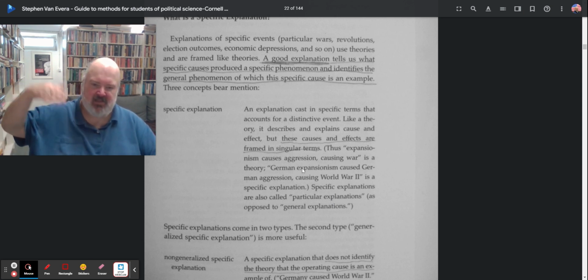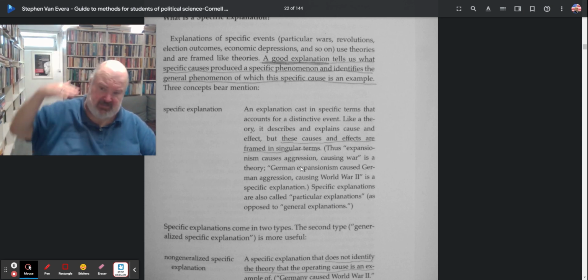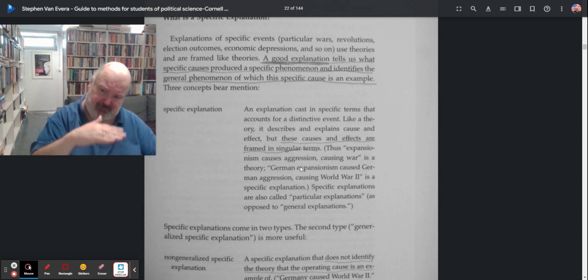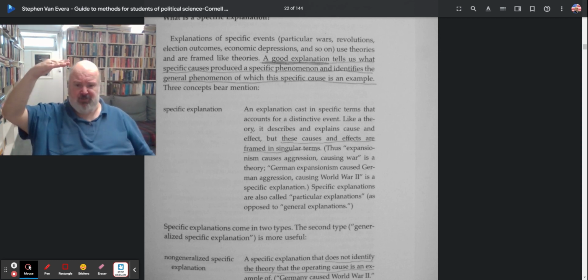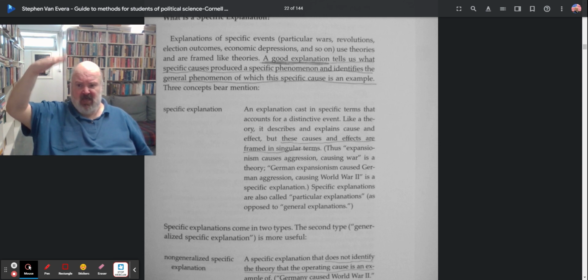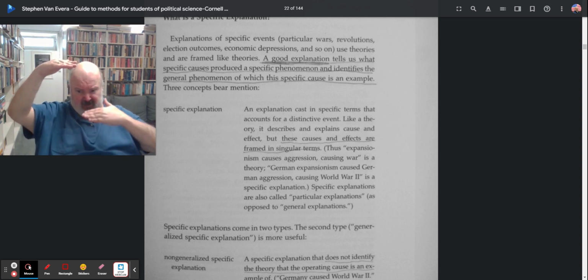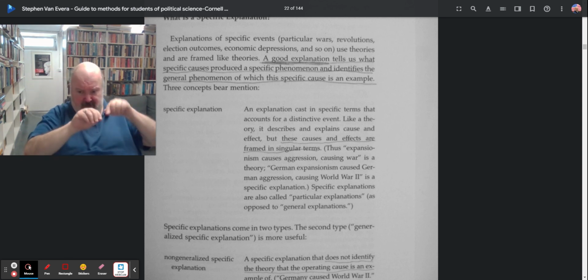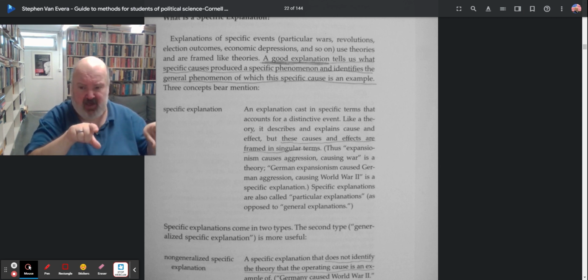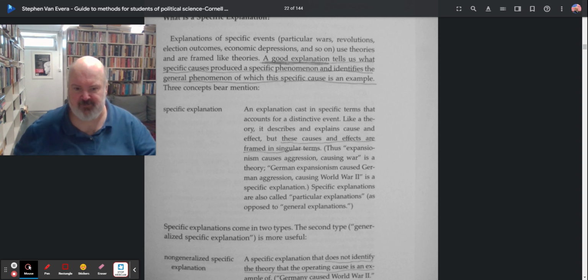This is the explanation at the level of the theory up there, but this is going to explain it in the specific case. The general explanation is the explanation at the level of the theory. Here, you're looking at the specific case, the specific phenomenon, the detailed, specific instance or case you're looking at, the particular event, right?